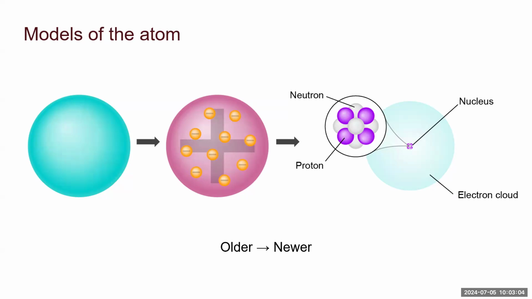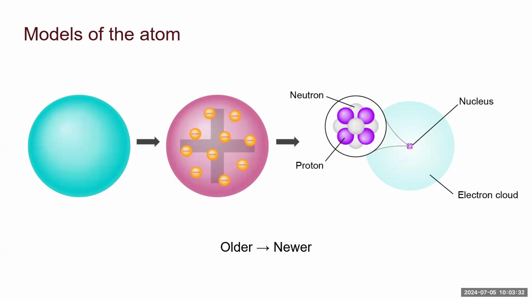And ultimately, there are some experiments that were done that dismissed that idea and gave us the idea shown over to the far right here, which is the most modern model of an atom. In the most modern model, your electrons are randomly distributed, maybe not completely randomly, but they make up this electron cloud.